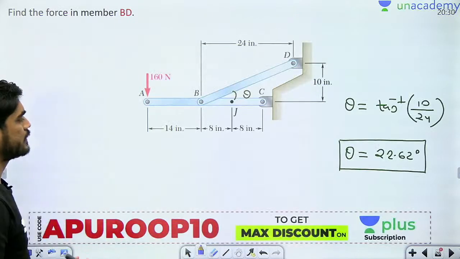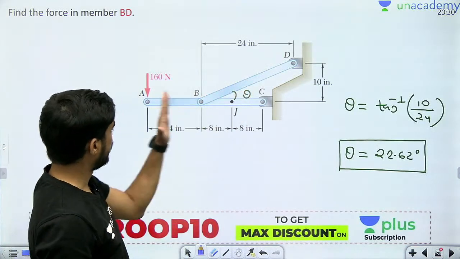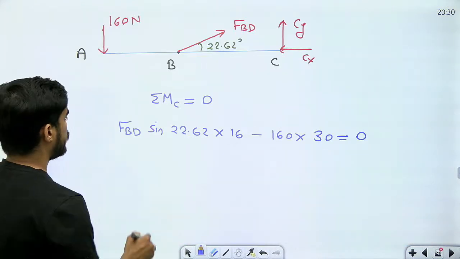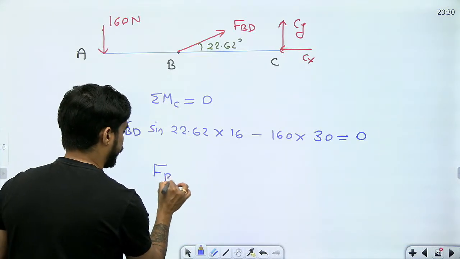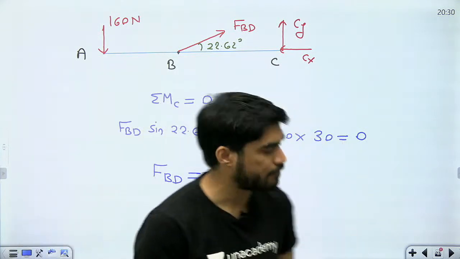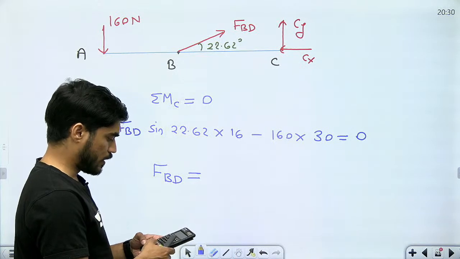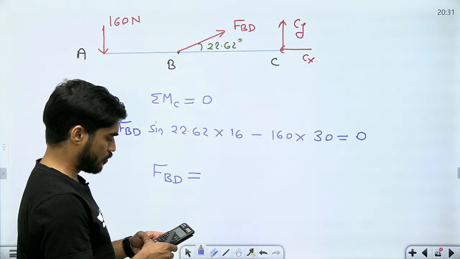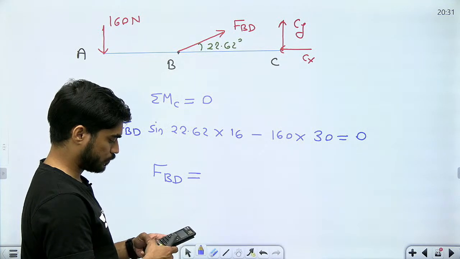Do I remember the distances correctly? Yes, 16 and 16 plus 14, 30. So from here, I will get the force in BD. What is the force in BD? 160 into 30 divided by 16 sin 22.62.